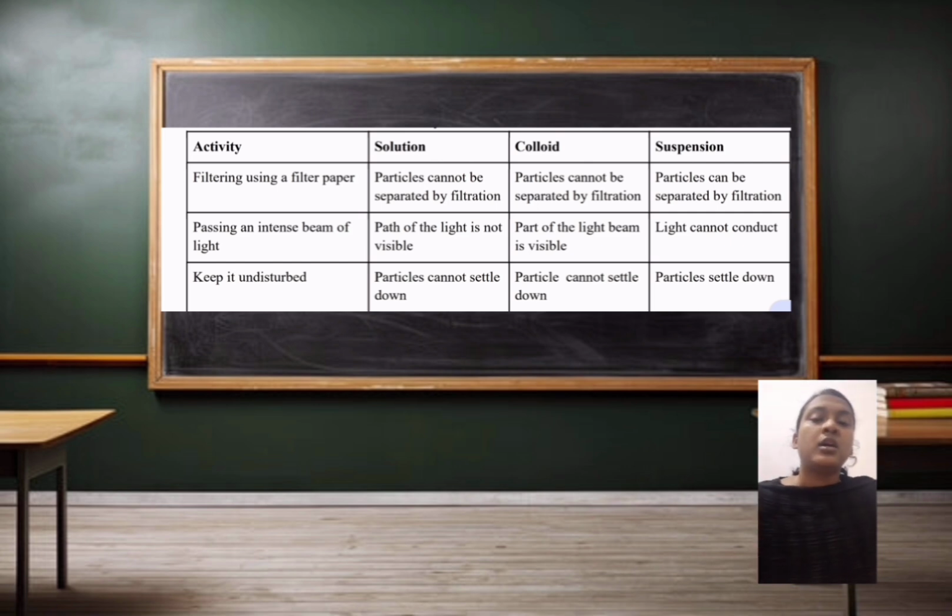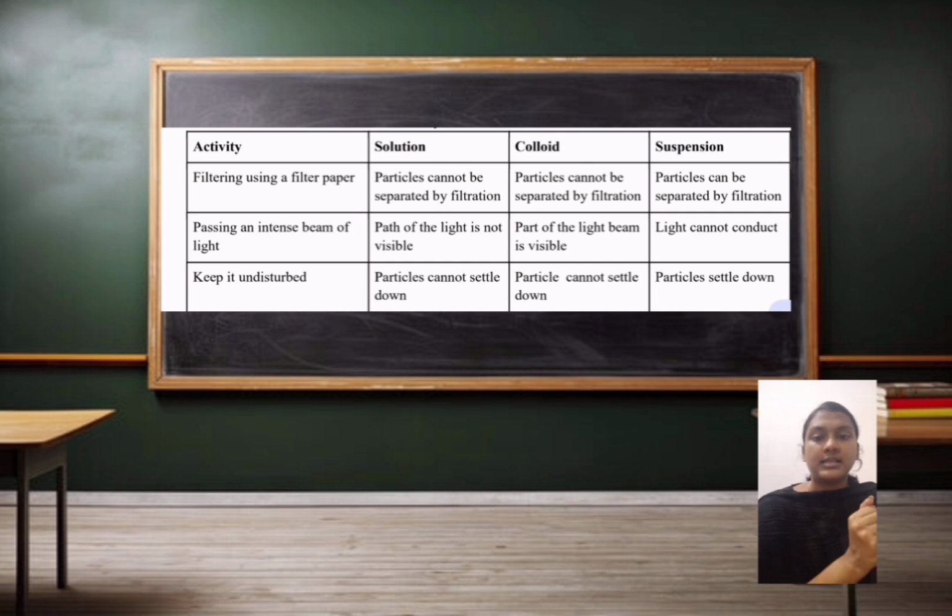Also, when we show a beam of light, the path of the beam cannot be seen. And when we keep the solution undisturbed for a few minutes, the particles do not settle down. So these are the properties of colloids.